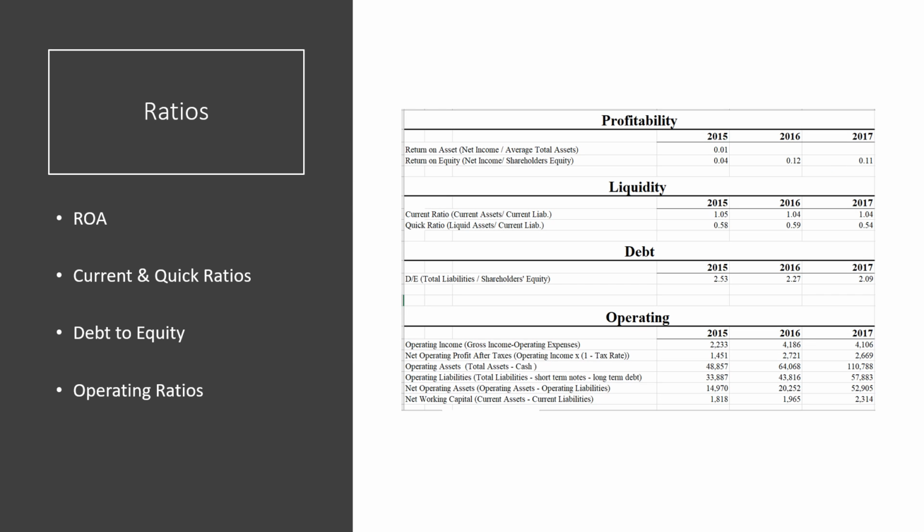Now, just for fun, I decided to throw some ratios in here to compare things. One of the reasons I did 2015, 16, and 17 is so that I could get this return on assets.